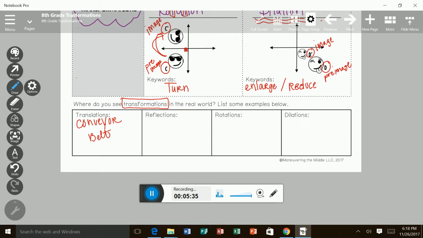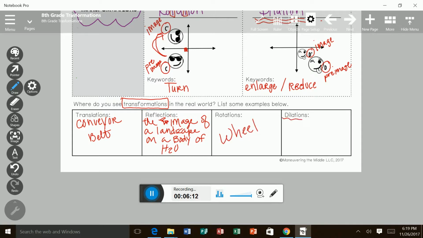A reflection, this would be like the image of a landscape on a body of water. A rotation, which is a turn. Okay, an example of something that turns is a wheel.